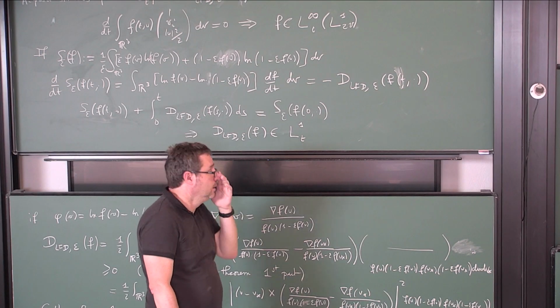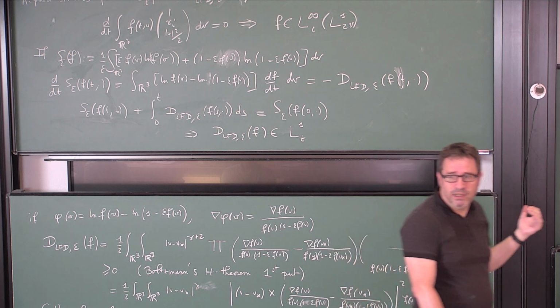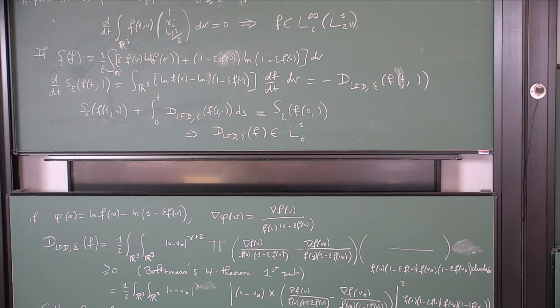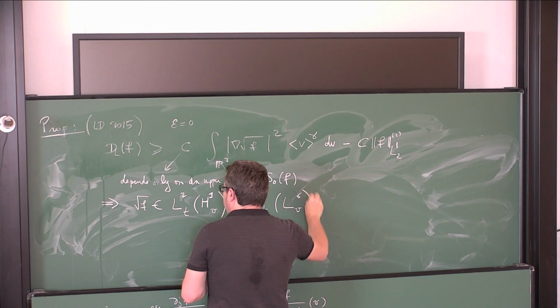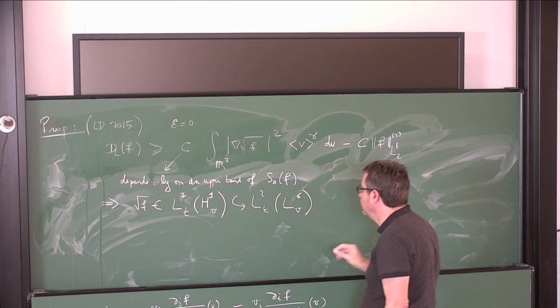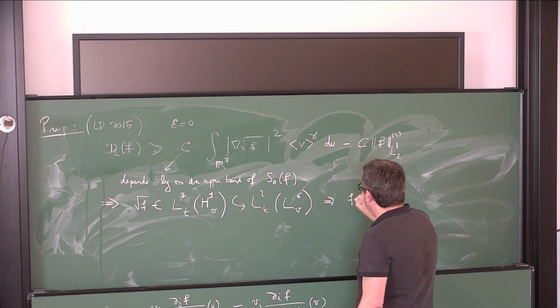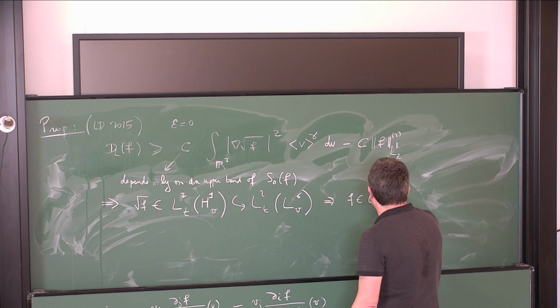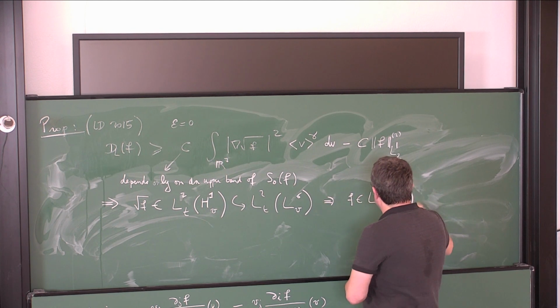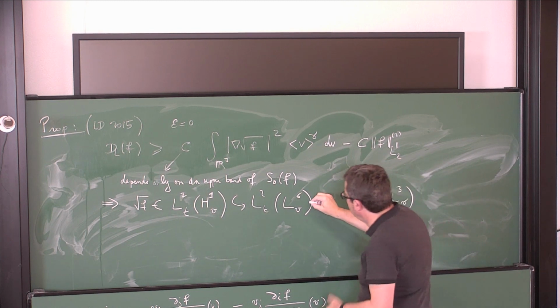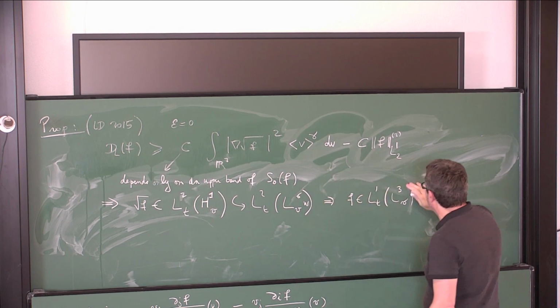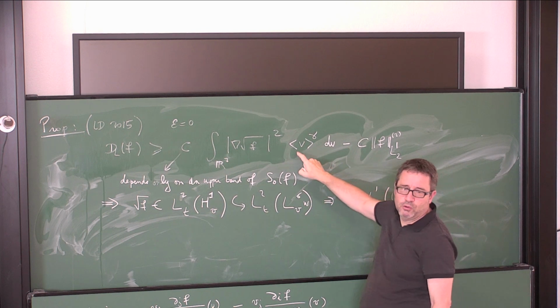Using a Sobolev embedding, you end up in L2 in time, L6 in V for square root of f. And if you write it for f itself, you are in L1, L3. And actually, there is a weight here, which I will not write, which comes out of this.